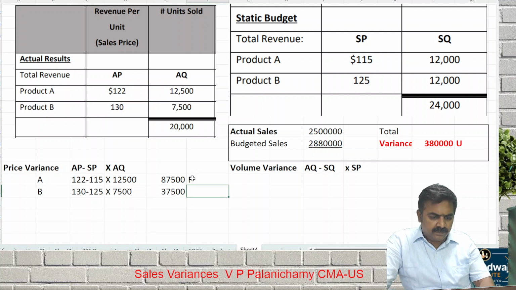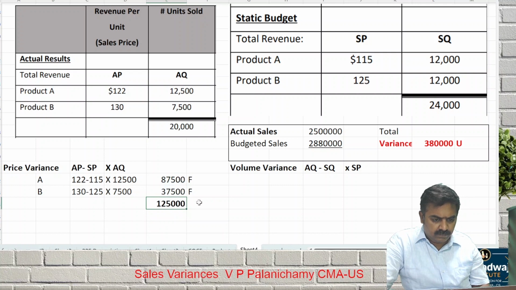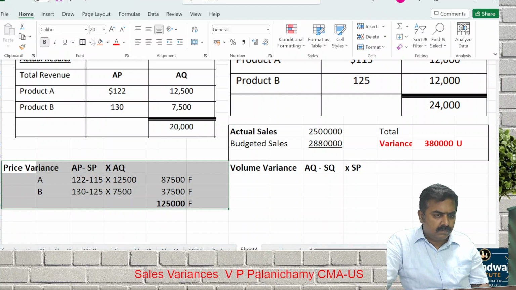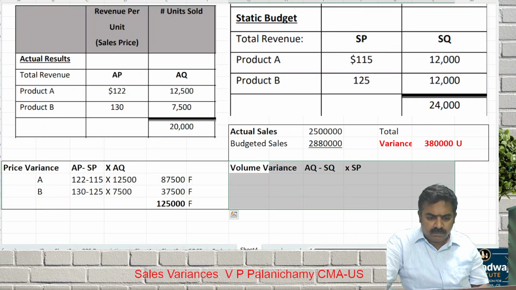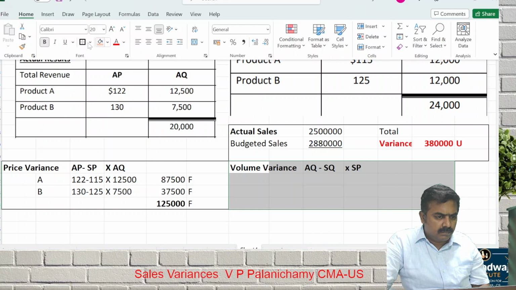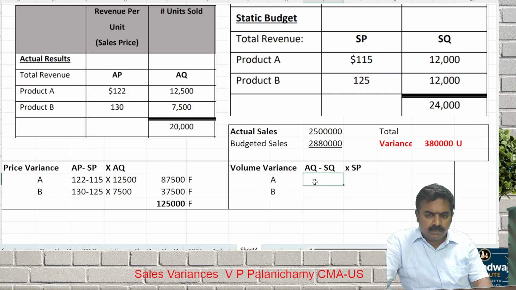Both are favorable. Actual quantity minus standard quantity.